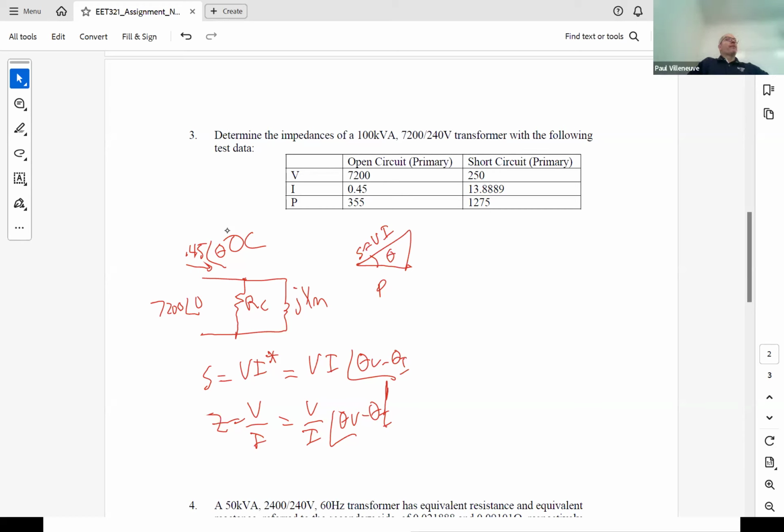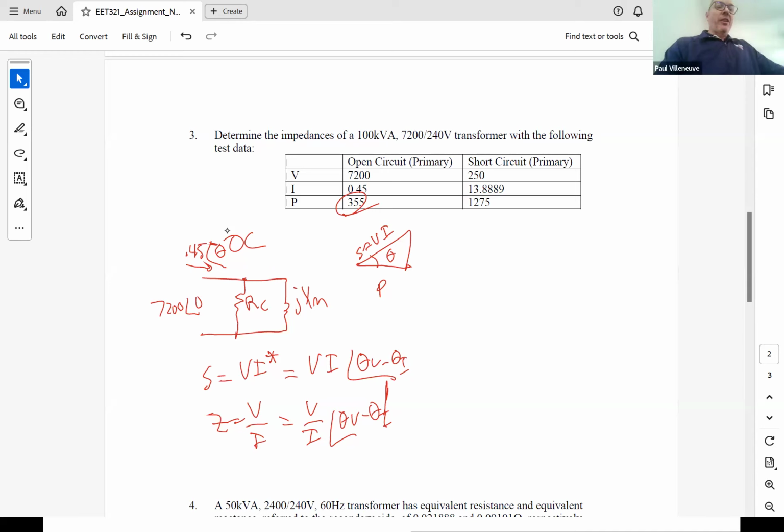Can you calculate theta here? It's in the test data. Can you get P? It's given. Can you get V times I, which is S? Sure. So you can get theta, which means you can get theta for the current. And remember, it's lagging, as Aaron was talking about earlier. So we put the negative theta there.